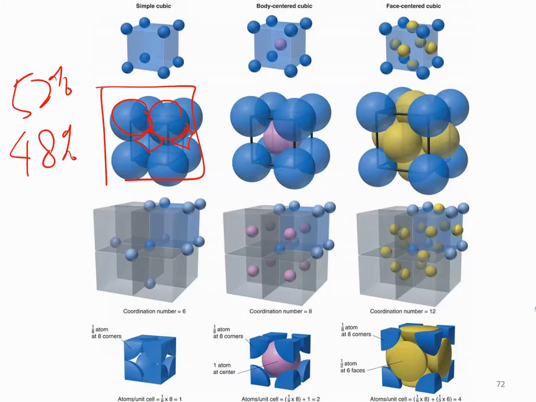So in order to find the relationship between A and R, you need to find the length for this one. Okay, what is the length from this point to this point? Because from this point to this point, it has 1R, 2R, 3R, 4R. Can you imagine that?